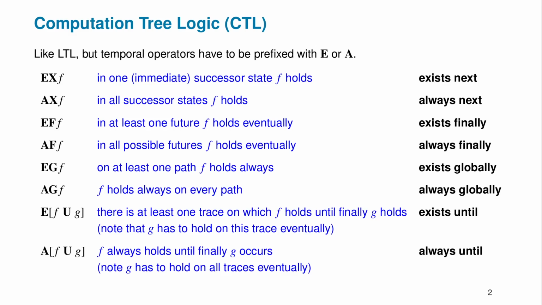At some point we require G to hold for this operator. And AFUG says that on all paths F holds until finally at some point G occurs. This is just some first intuition what the operators with quantifier mean.